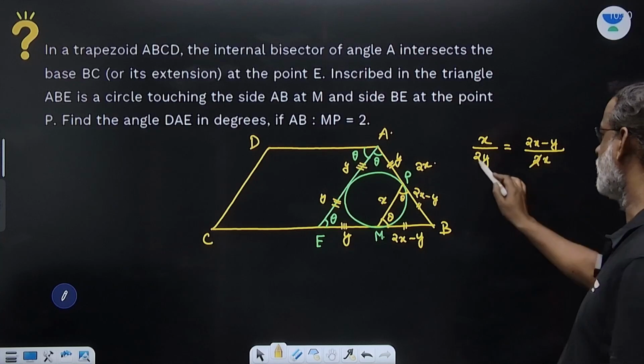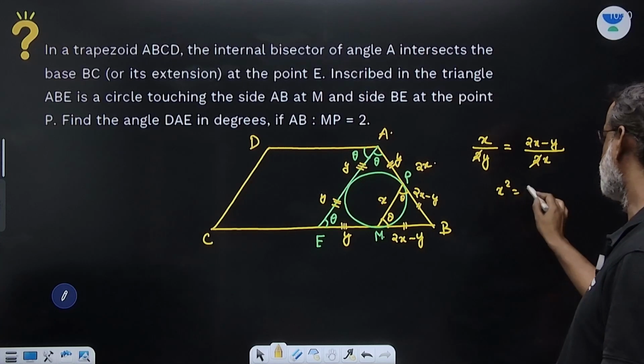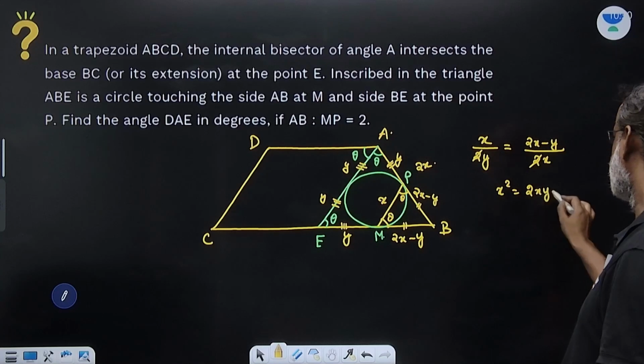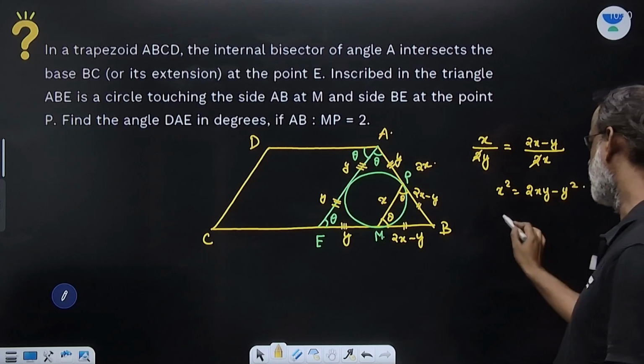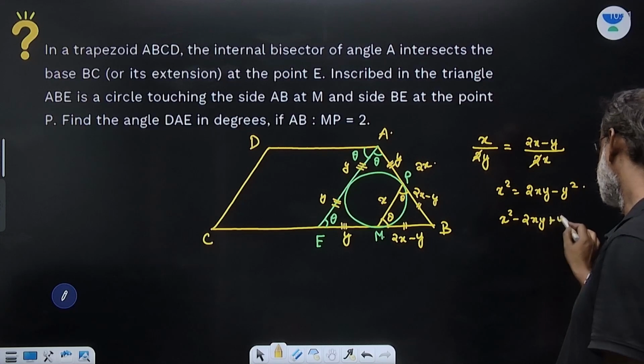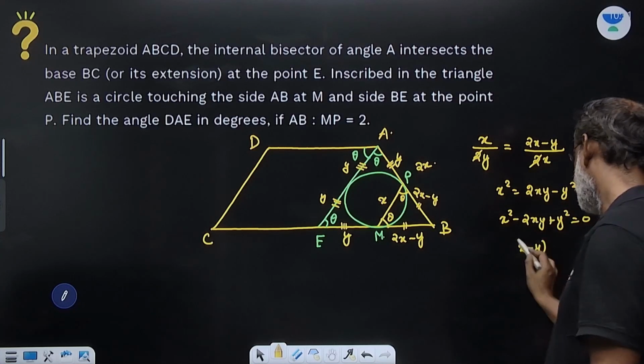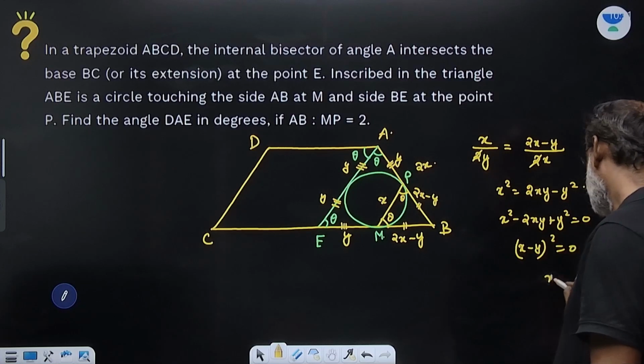So, this 2 gets cancelled, you have x square is 2xy minus y square. So, x minus y whole square is 0. So, x is equal to y.